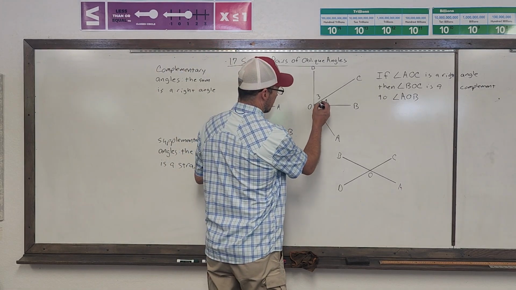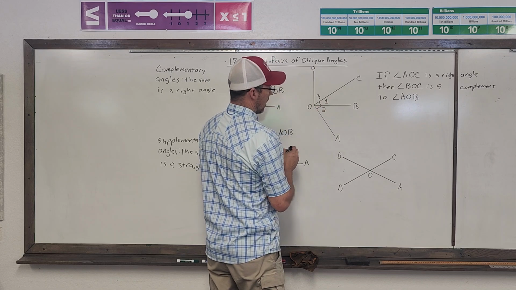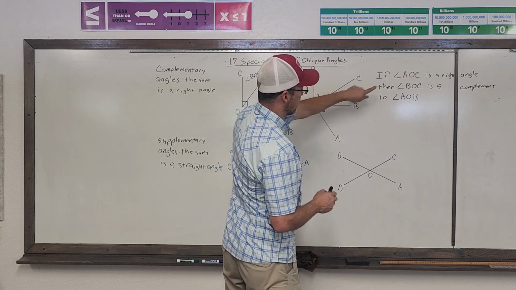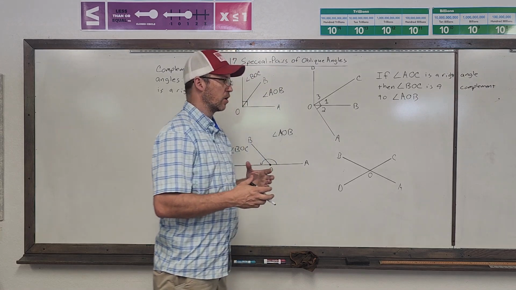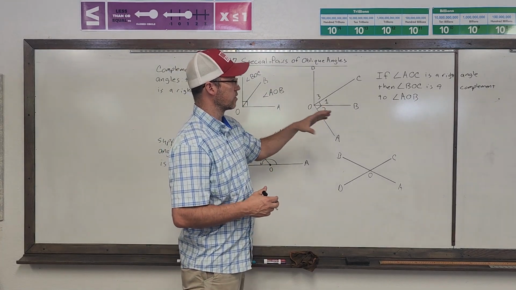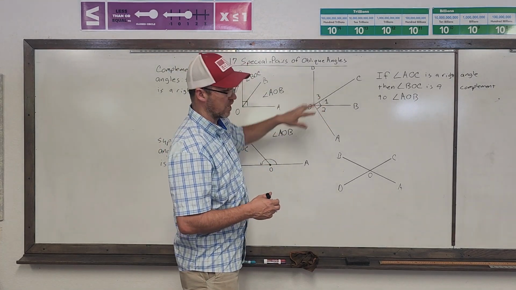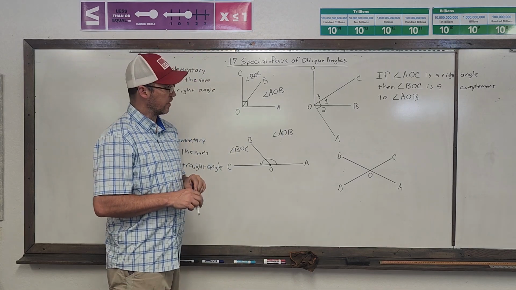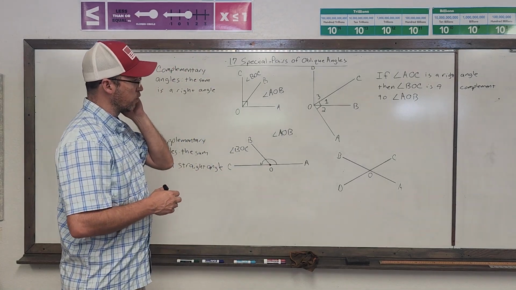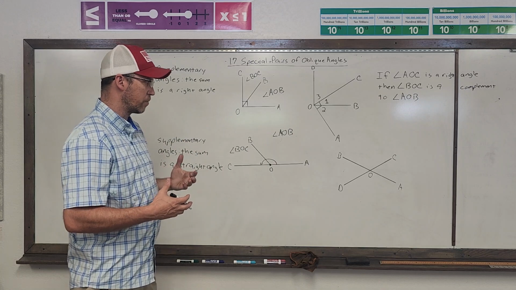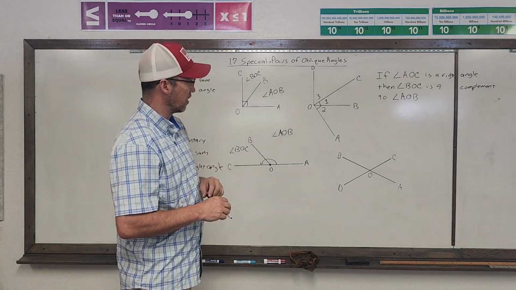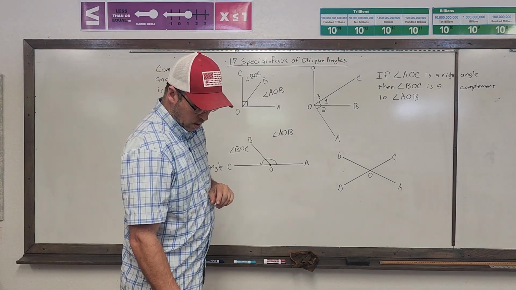If this had a box here, that tells me that's a right angle. I wouldn't have to put the word if there. I would say angle BOC is a complement to AOB, because that little box tells me it's a right angle. That's super important. I know it's easy to overlook. It looks like it's probably 90 degrees, but we really need to know.